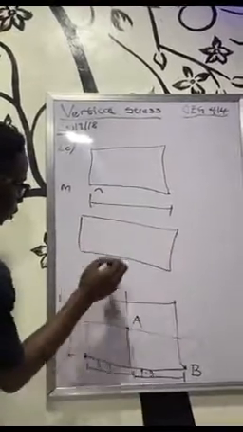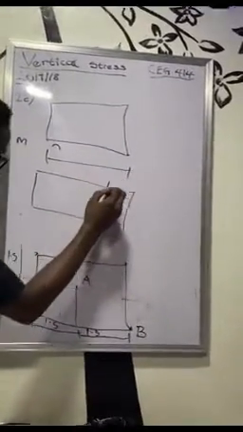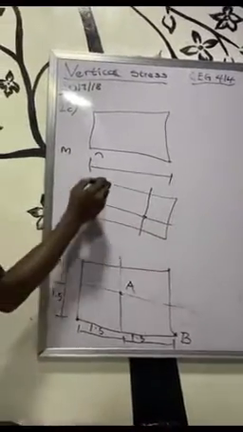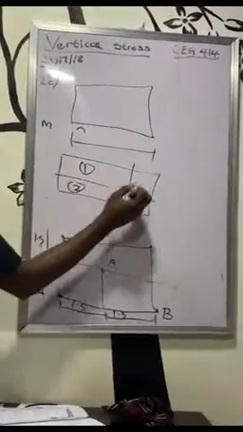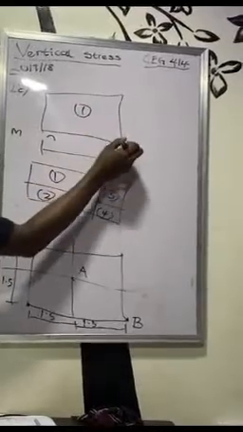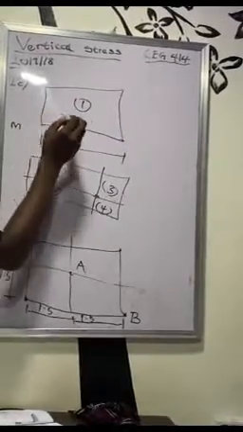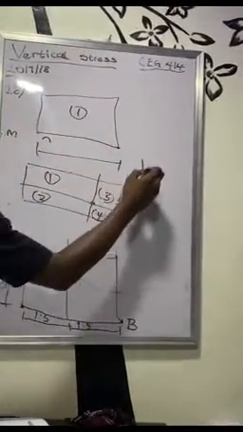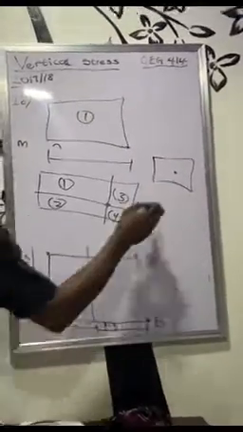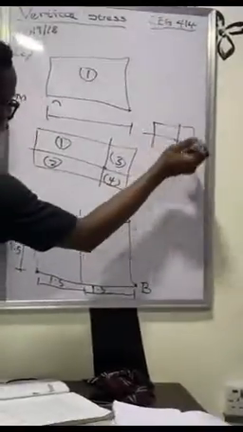If I have another triangle and they give me this point, I'll break my rectangle into this and this. So I have rectangle 1, rectangle 2, rectangle 3, rectangle 4. In this case, I only have one rectangle because I'm just taking it at this edge. Once I put it at this point, I'll have 4 rectangles.